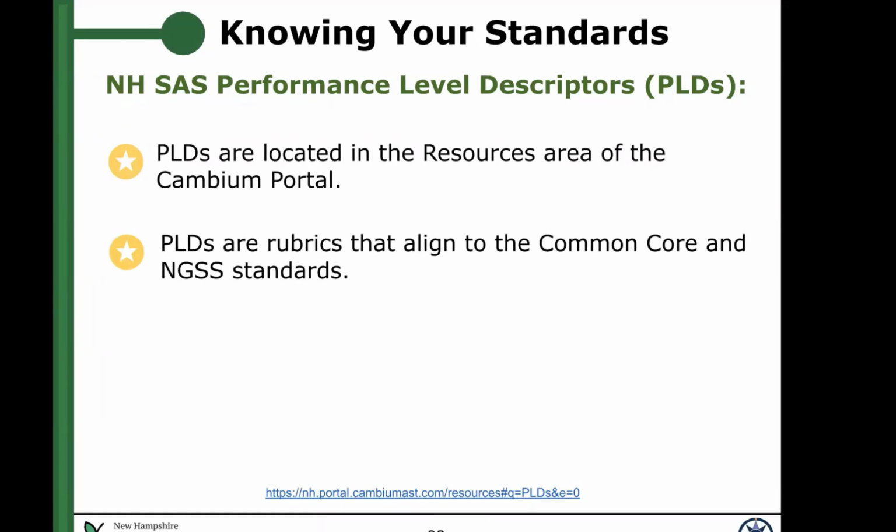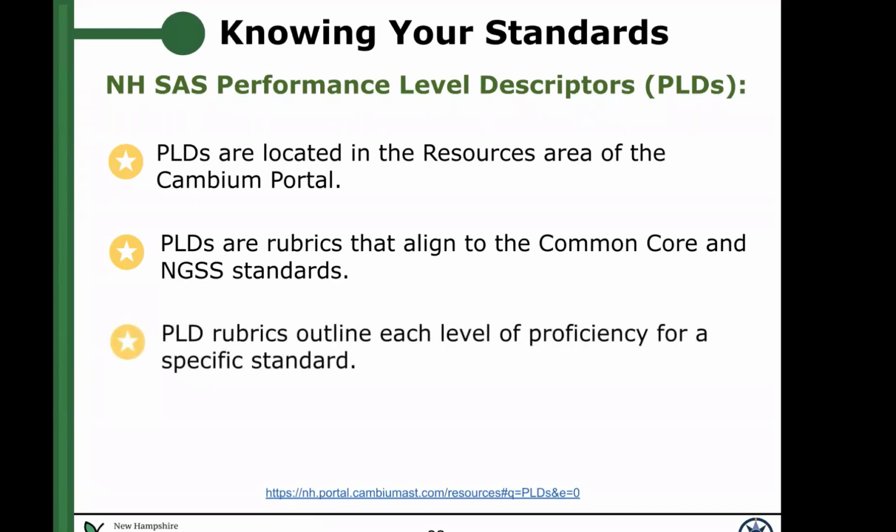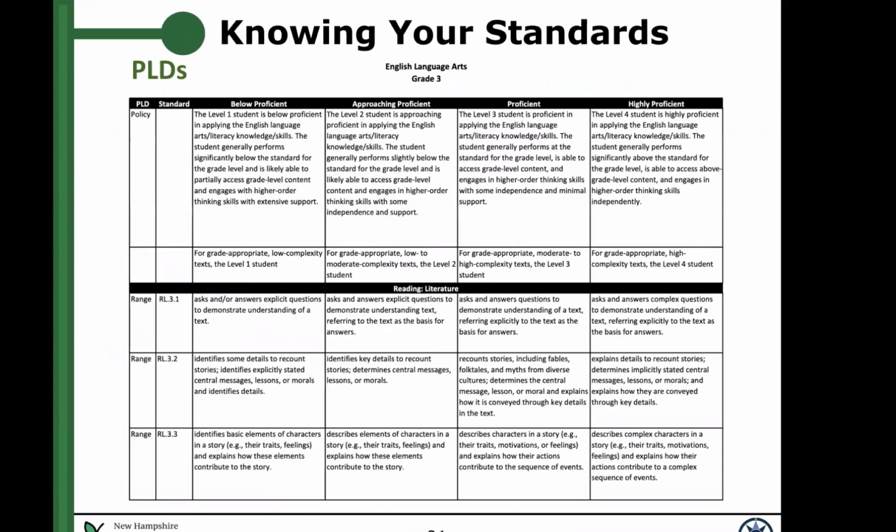So the PLDs, they're rubrics that align to the Common Core and NGSS standards. And they outline each level of proficiency for a specific standard. And there's ELA, math, and science PLDs. So I'm going to show you a little bit about what each one of them looks like. So this is a 3rd grade example for the English language arts PLDs.